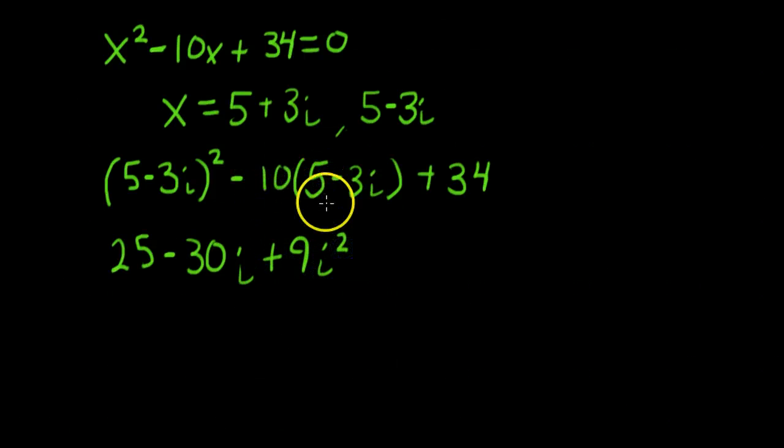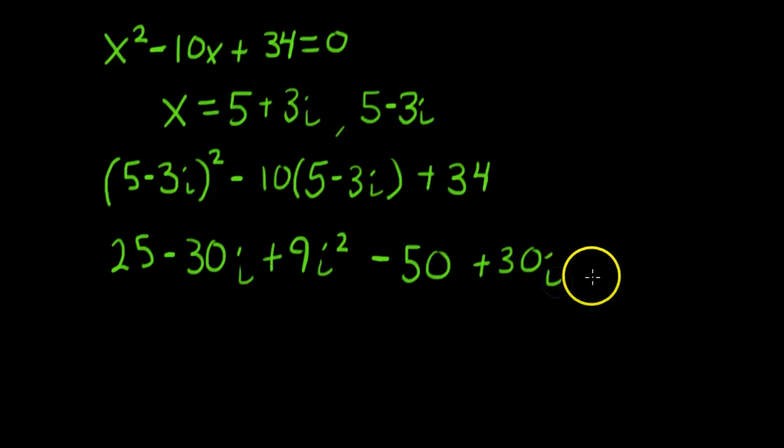Then we distribute the negative 10 here, and we get negative 50. Right here we get positive 30i. And then we have the plus 34. Now the next thing we want to do is combine like terms.